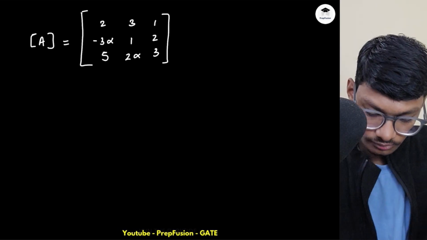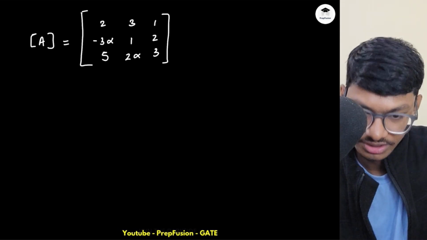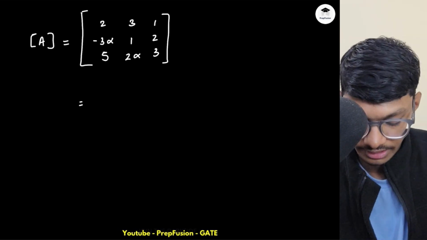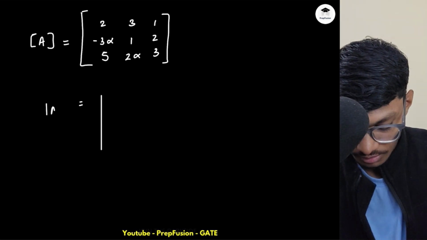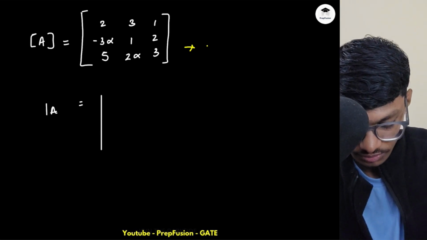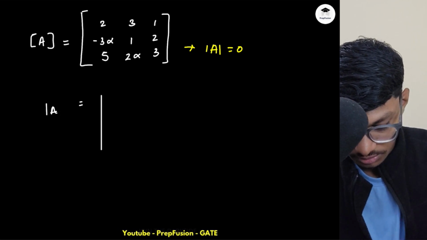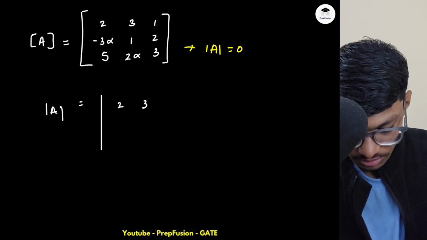Okay, so here you have to make the rank less than 3. So the easy way out is to find the determinant, and from there you can easily make the rank lower than 3. So you have to make the determinant of A equal to 0. So what's the determinant of this? I'll do a few operations. This is 1, right?